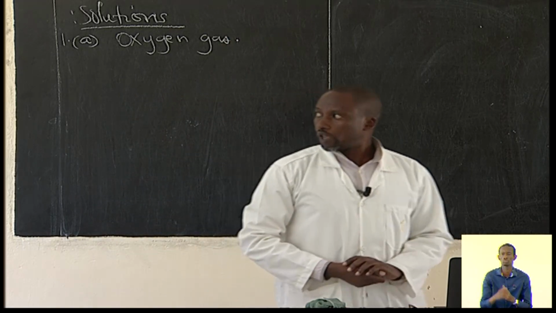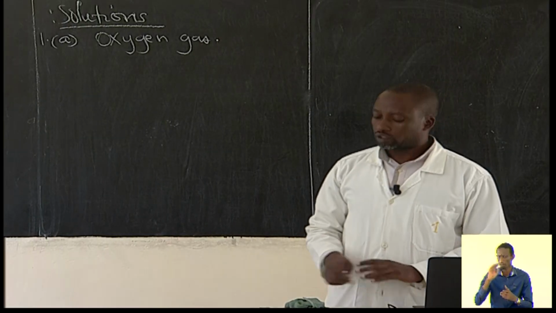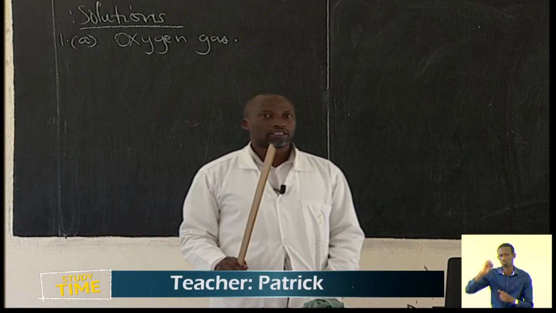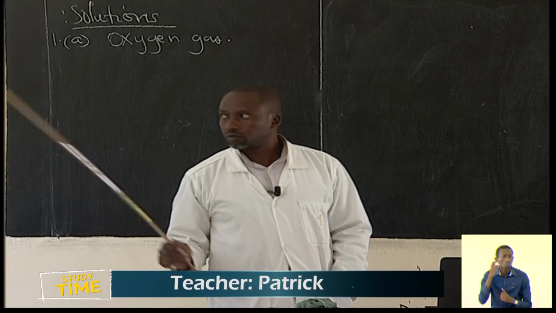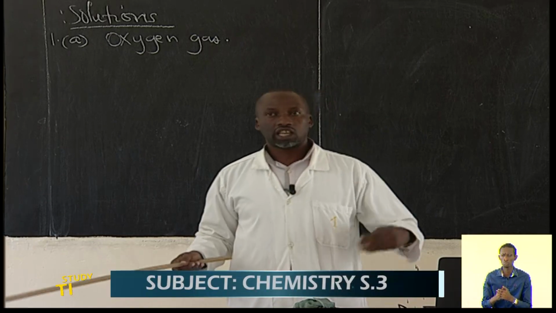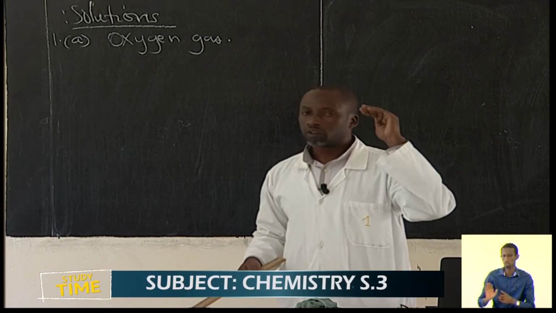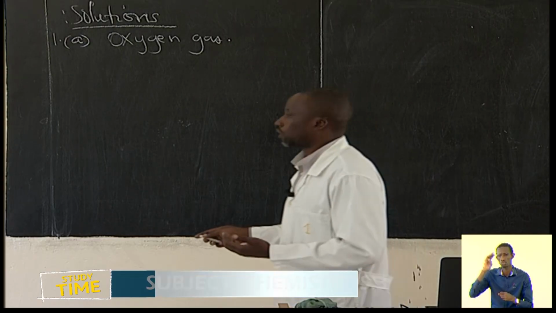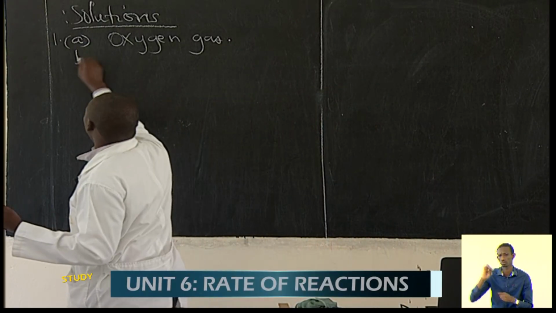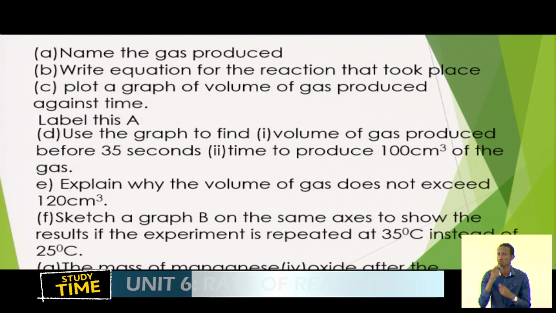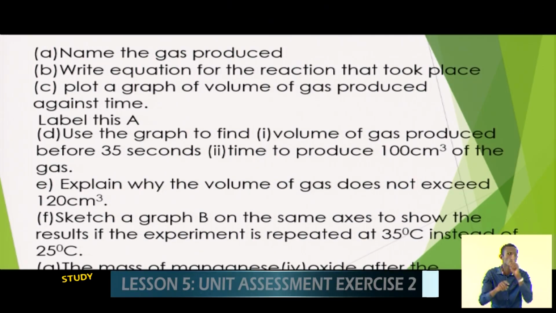B, write the equation for the reaction that took place. You remember from the previous slide, we said it is the decomposition of hydrogen peroxide, decomposed in the presence of manganese 4 oxide. So you have to keep remembering the question, that's why I was even reading it.